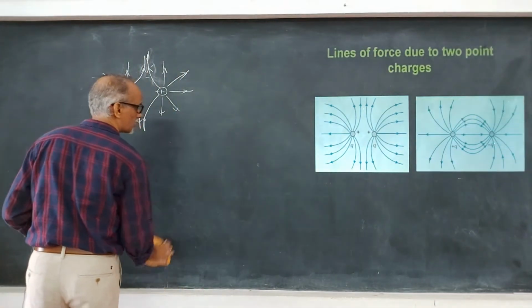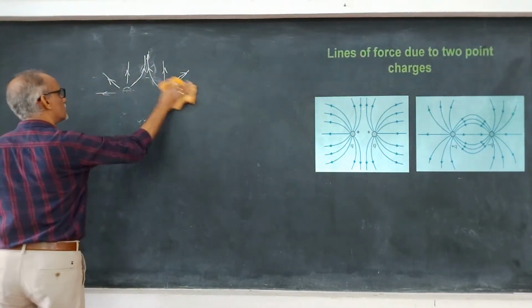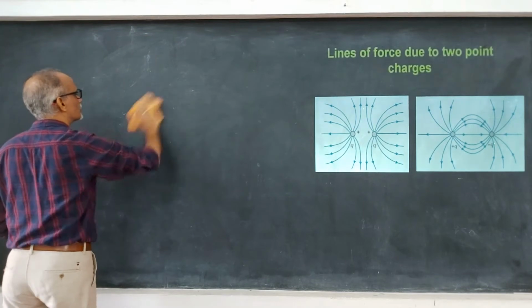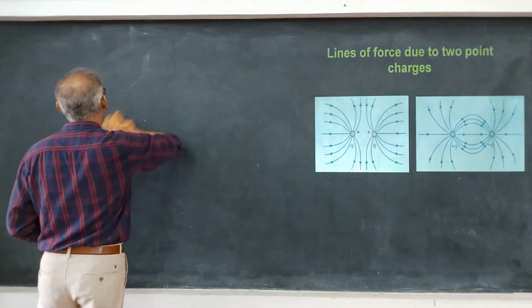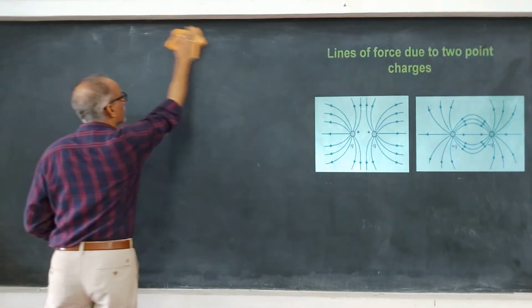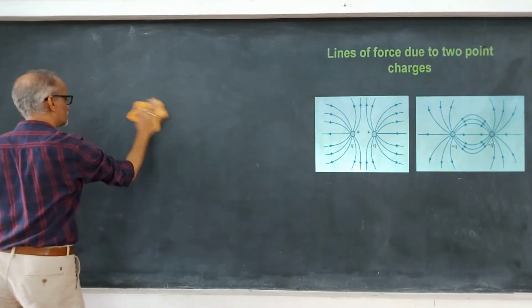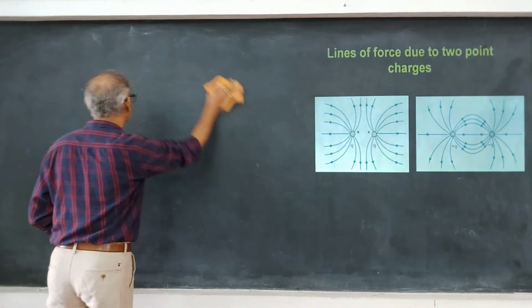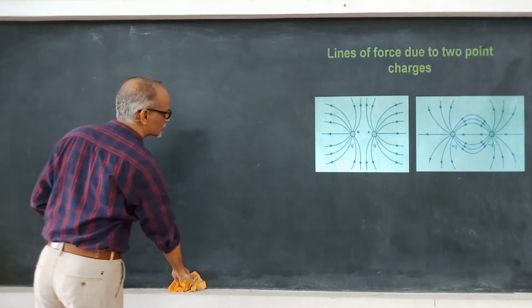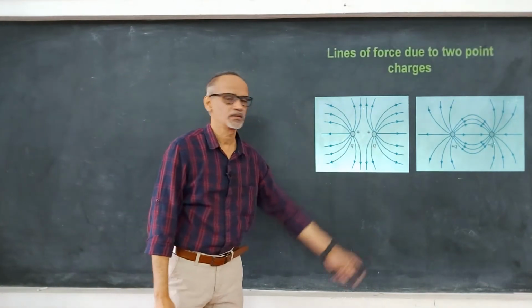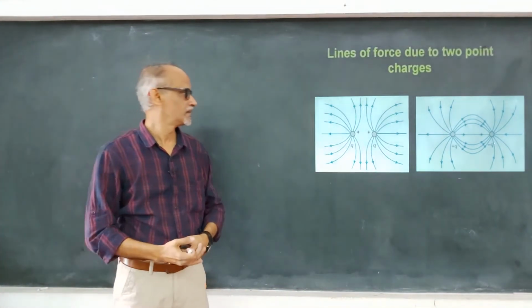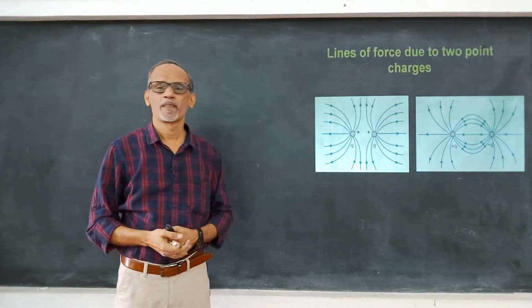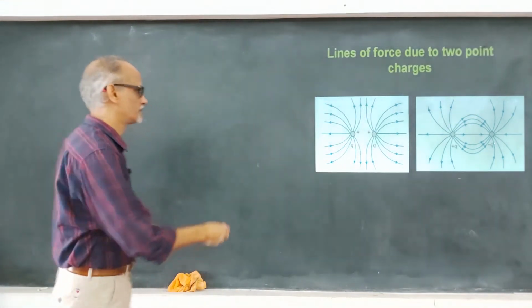Similarly, the lines of force between two unlike charges. The first one is between two like charges. We have taken two positive charges, and the next diagram is between two unlike charges.